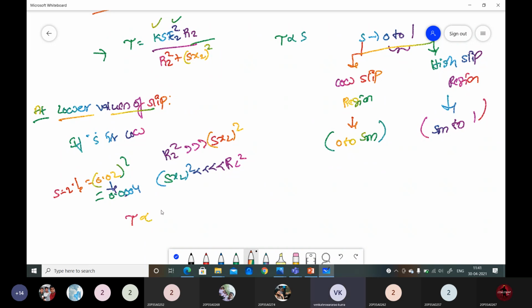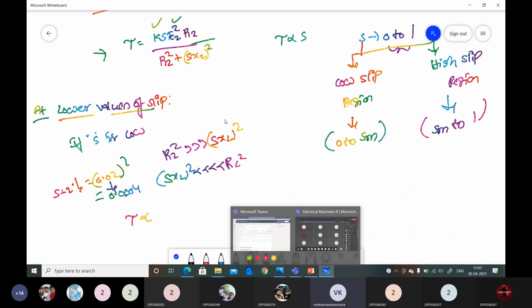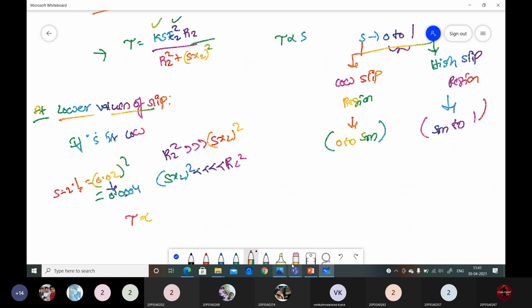Torque is equal to K S E2 square R2 by R2 square.